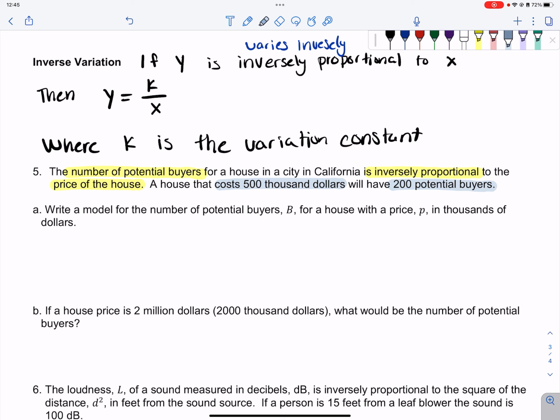We want to write a model that will tell us the number of potential buyers B for a house with a price P in thousands of dollars. This part means that we want the variable P in the model to be written in thousands, so I don't have to add on all the extra zeros to my $500,000 up above.